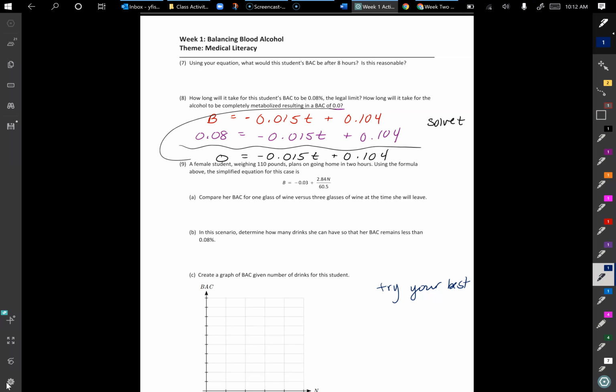But really, most of this is based on your effort and trying and working it out. But there is the part of answers do count a bit. But you should still get a really good grade, even if you get something a little bit wrong, as long as you've attempted it. Okay.